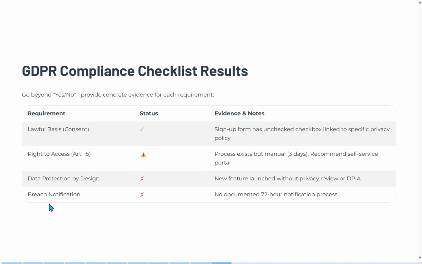Breach notification. I made you guys understand this the last time. If there is any breach, you have a maximum of 72 hours to notify those that are involved in that breach, those that are impacted.